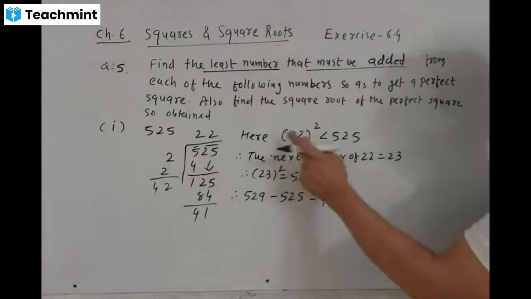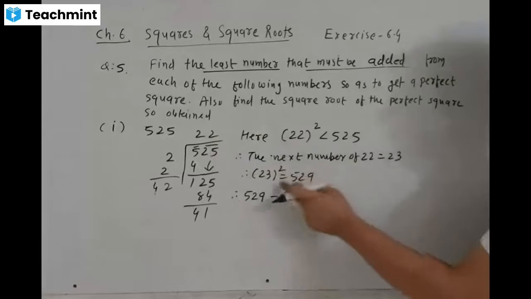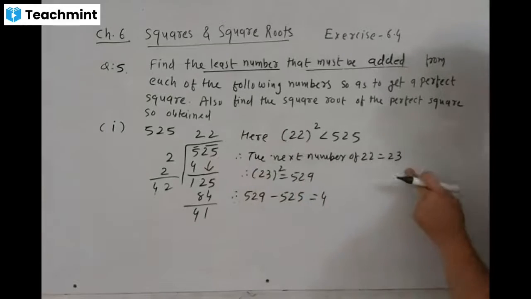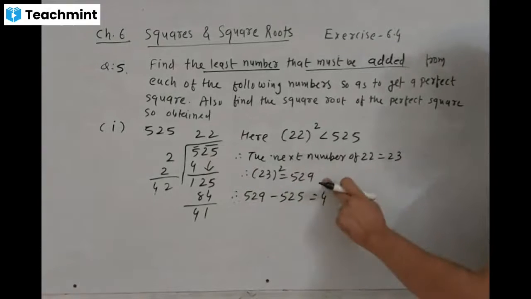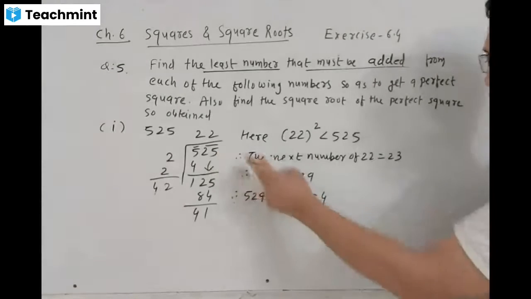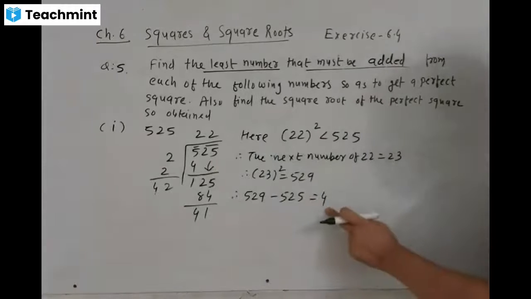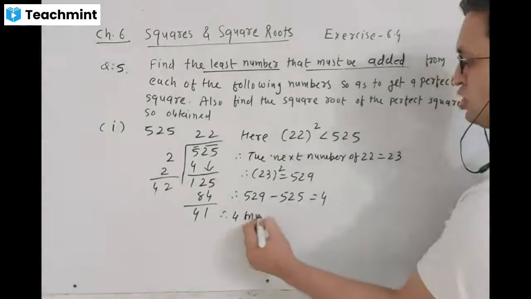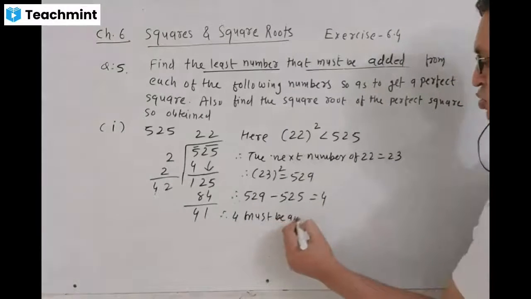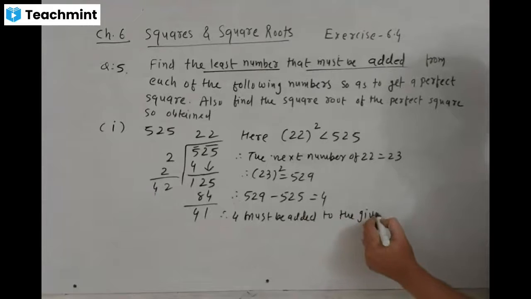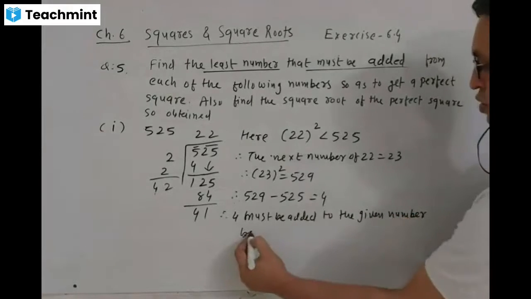Whatever number comes here, take the next number and square it. The next number after 22 is 23. 23 squared is 529, which is greater than 525, and subtract them. The subtraction is 4. Therefore, 4 must be added to the given number to be a perfect square.